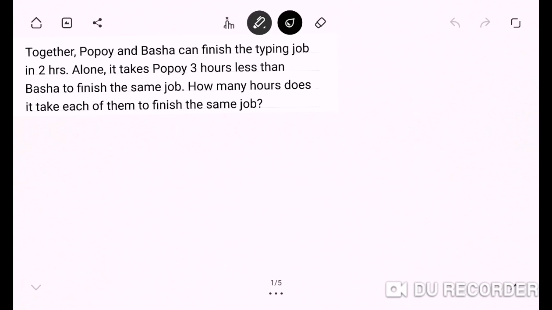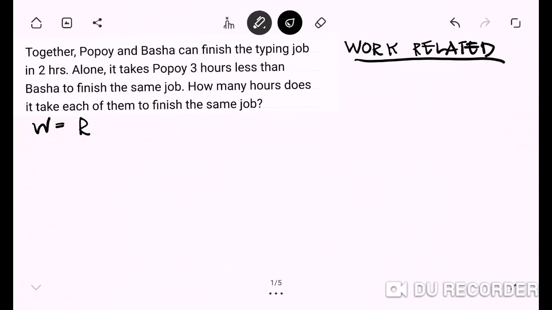So if we're going to analyze, this type of problem is what we called work-related problem. So kapag work-related, ang ating importanteng tandaan ay yung ating formula para sa work. So tandaan natin na ang work is equal to rate times time.